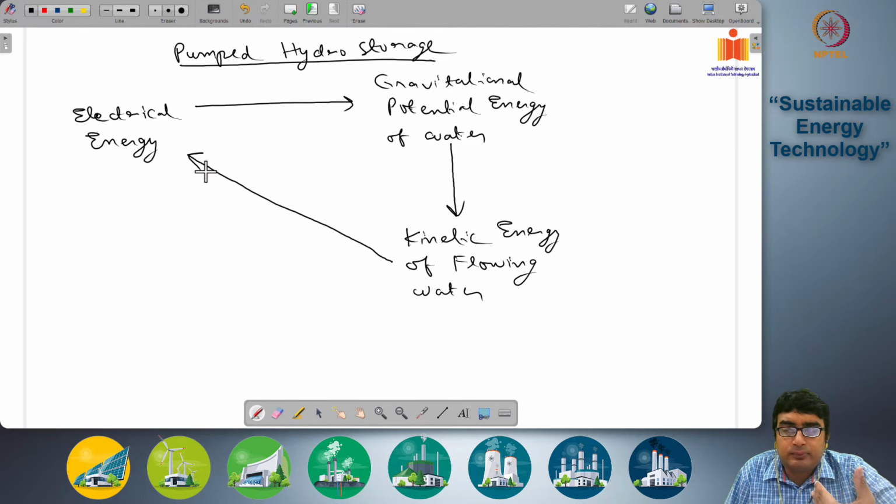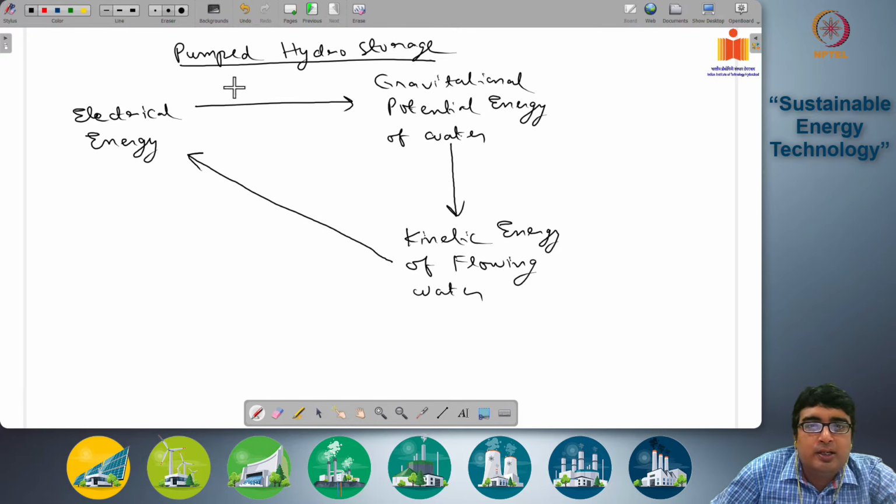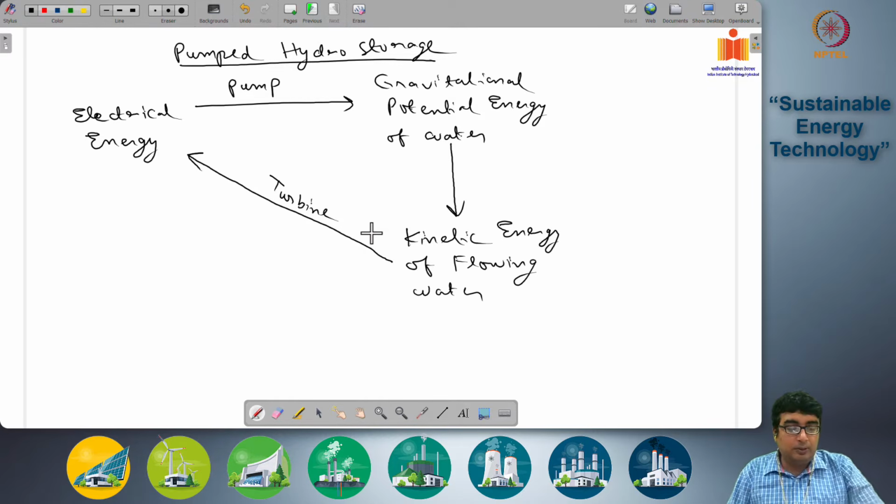Then when electricity demand is high, we are allowing this water to flow back through the system, and then the pump is acting as a turbine, and the flowing water that is coming down an incline is basically rotating the turbine and generating the electrical energy back. So electrical energy through a pump is converted into gravitational potential energy of water. This is converted back into kinetic energy of flowing water, and this is converted back into electrical energy. So this here is the pump, and this here is turbine. Okay.